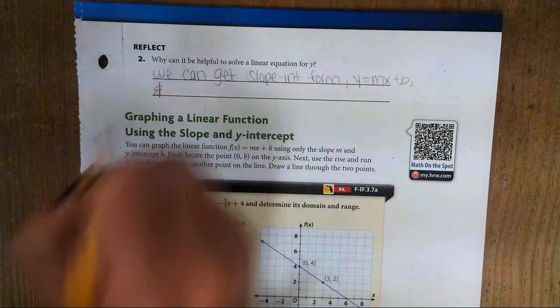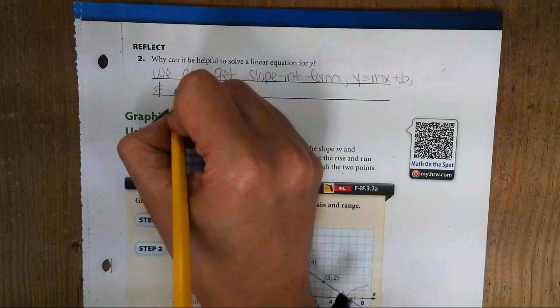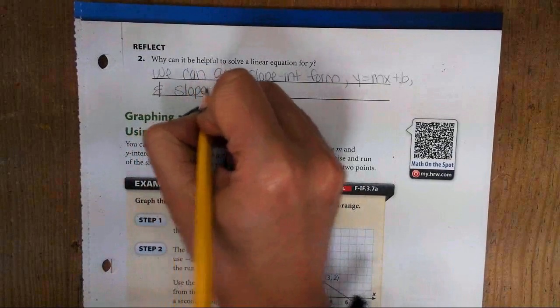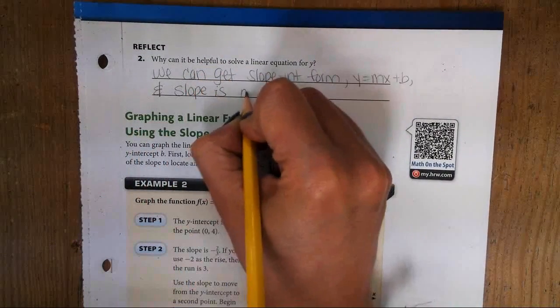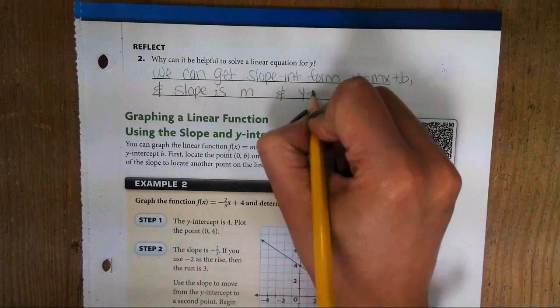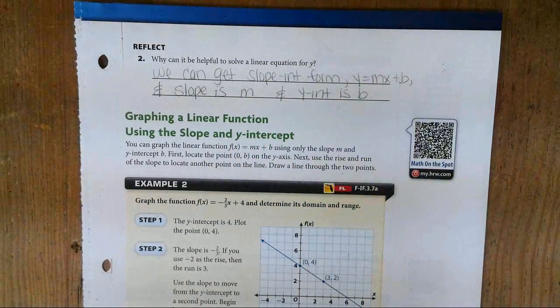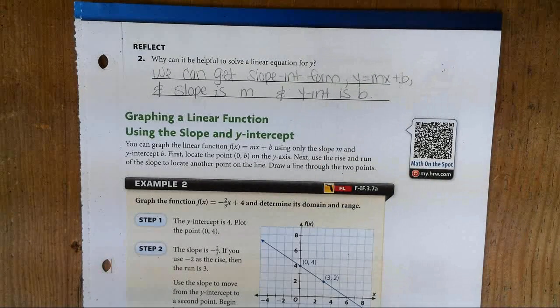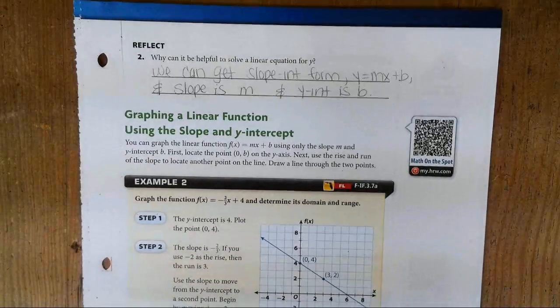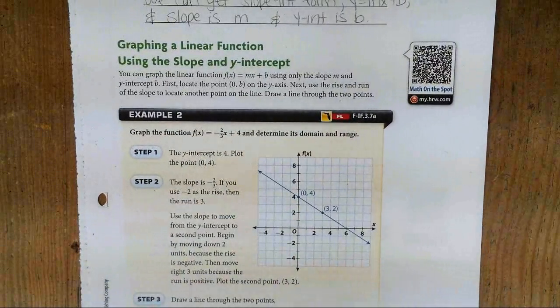And from there, we can find our slope, which is m, and y-intercept is b. Okay, so you can find your slope and your intercept simply by rewriting your equation into slope-intercept form. Okay, so now graphing a linear function.